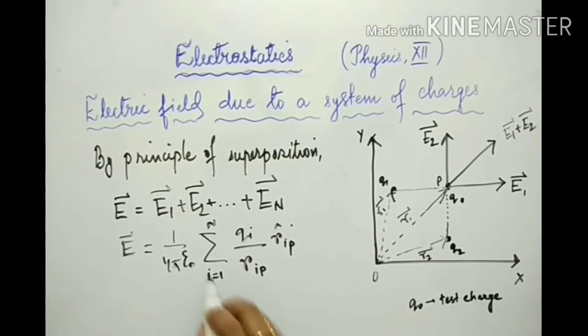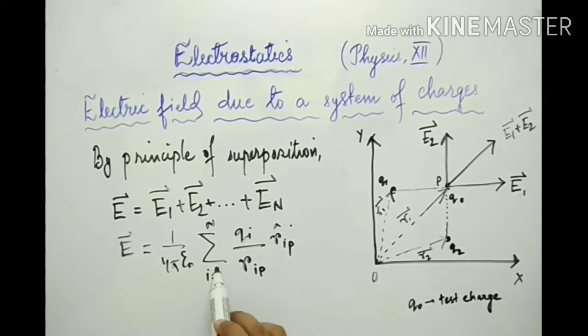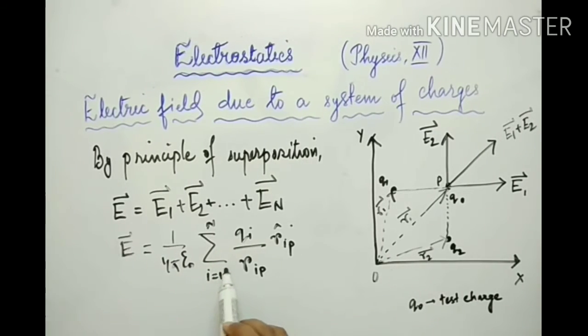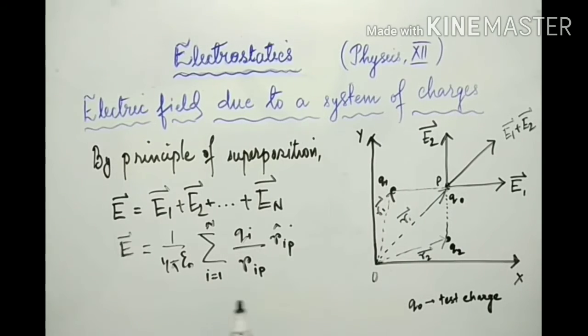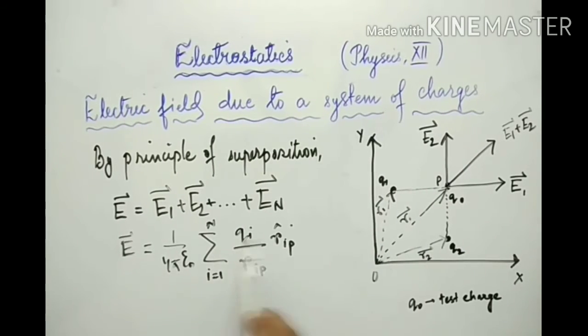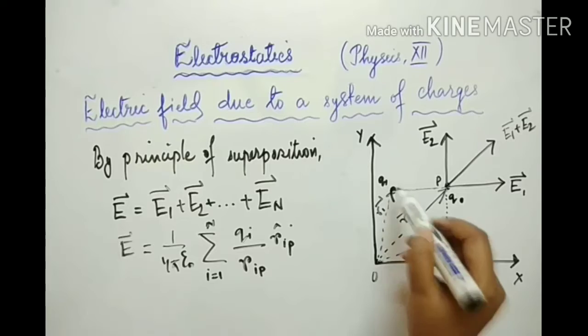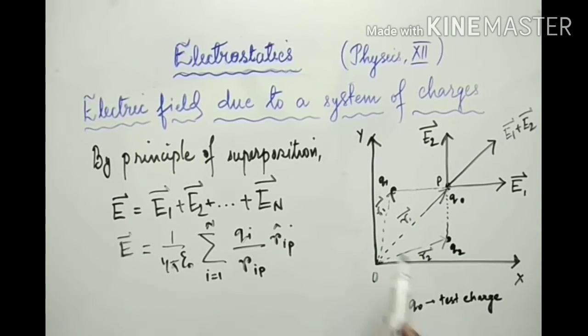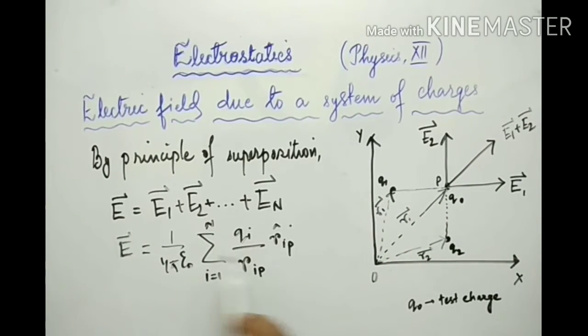Now, what is i equals 1 to n? Summation means the addition of all the charges present, and since all the charges are discrete, all the charges are separate and can be distinguished from one another, we are representing it by a summation sign.